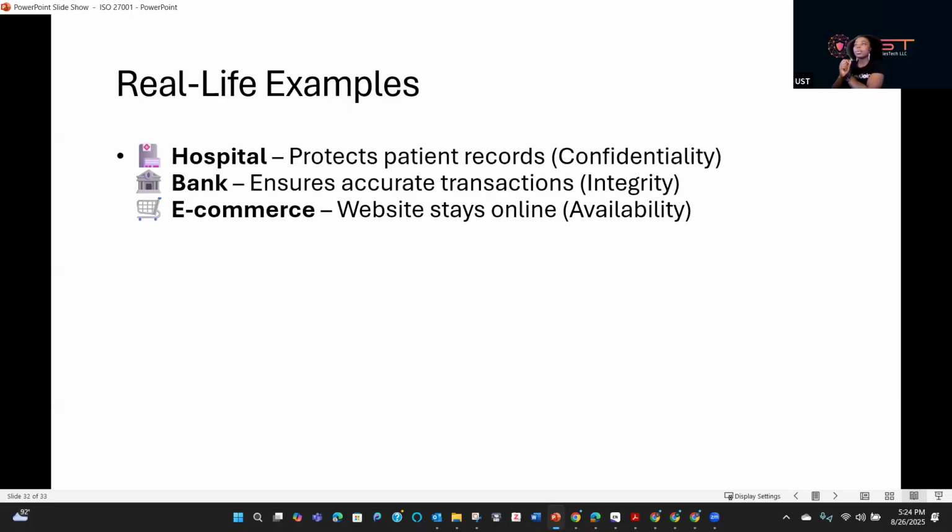For example, in a hospital setting, you need to make sure that patient records are protected from unauthorized disclosure. In a bank, the financial sector, you want to make sure that transactions are accurate, that they are not being modified or tampered with. While for an e-commerce website like Amazon, for example, we want to make sure that they are available online at any given point in time.